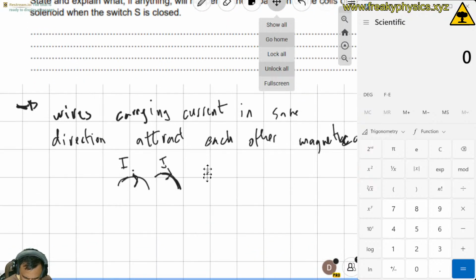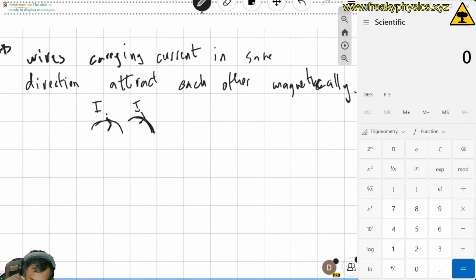Now, because they are carrying current through them in the same direction, and we've just explained that they attract each other, this coil here is going to move that way. The force on this coil is going to go that way. Similarly, the force on this coil is going to go this way.